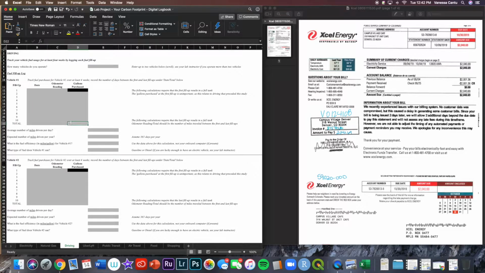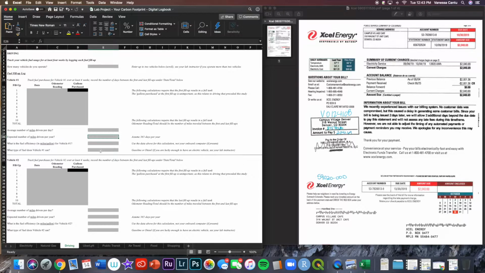The average number of miles driven per day is calculated here from your odometer reading. The expected number of miles driven per year is the value from here times 365. Fuel efficiency is the miles that you've driven divided by the number of gallons that you purchased. And then what type of fuel does the vehicle use? That's what you purchase, gasoline or diesel.